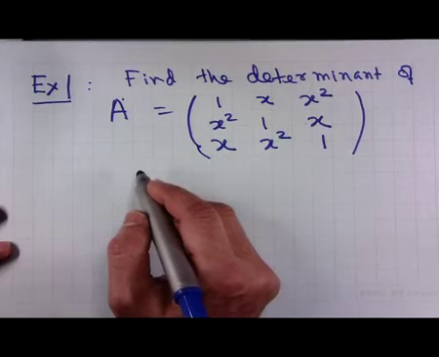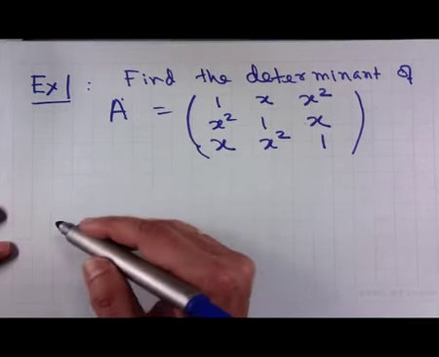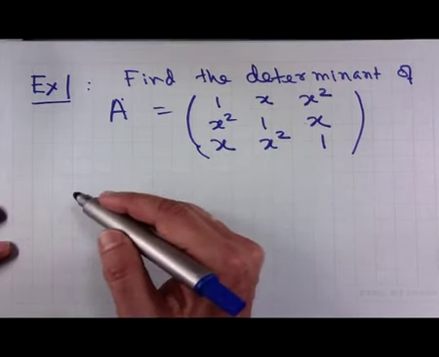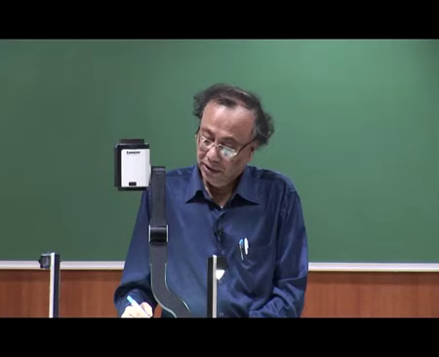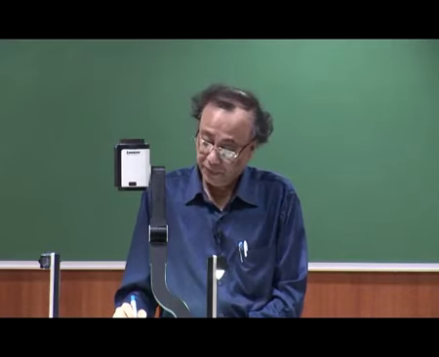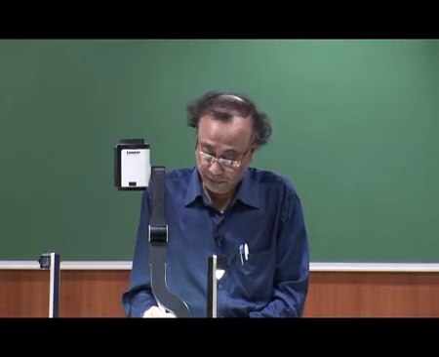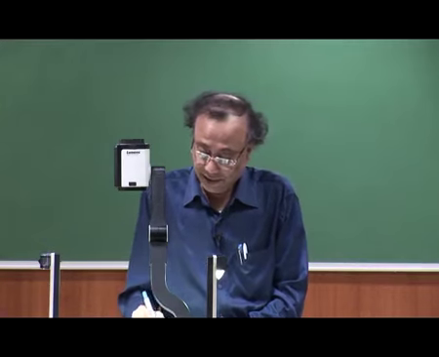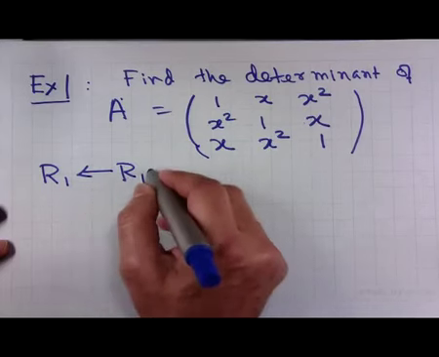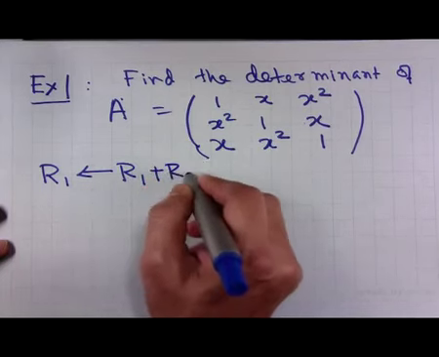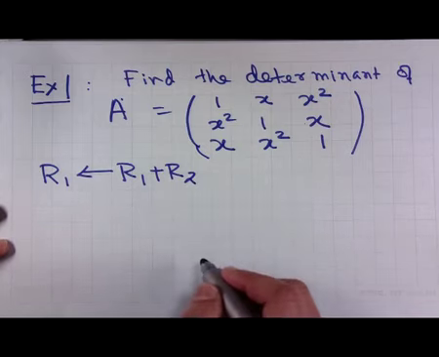Since we know that by adding two rows we do not change the value of the determinant, we will try to use that property here. Say, for example, I change row 1 as the summation of row 1 and row 2.